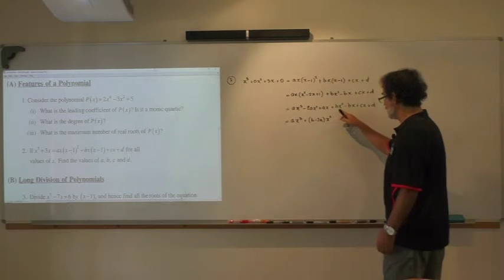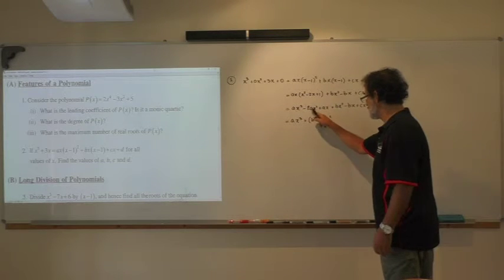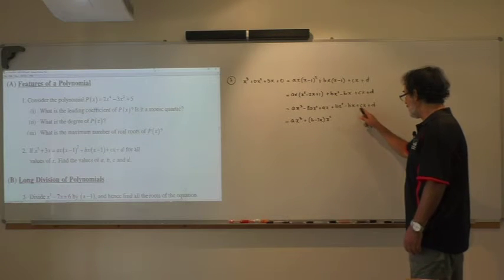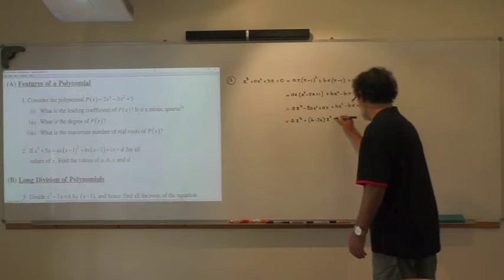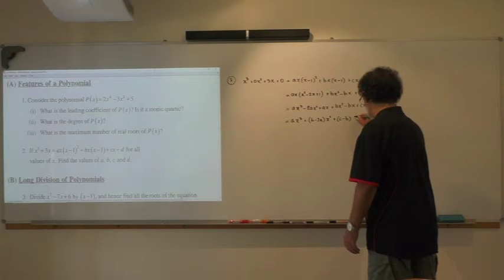Similarly, we can see that x is a factor of c minus b. So we're going to write it down, c minus b in brackets, and then we have the x, and then plus d.